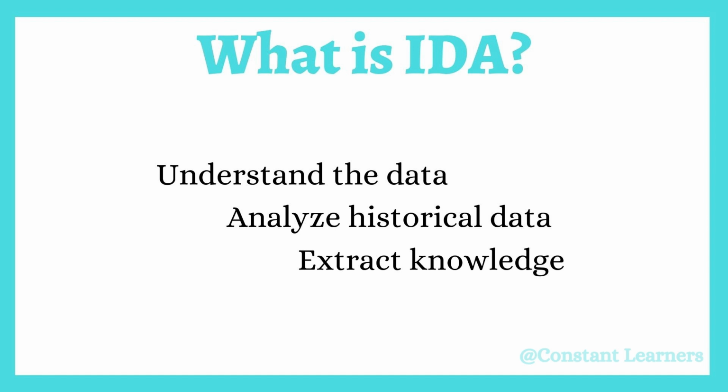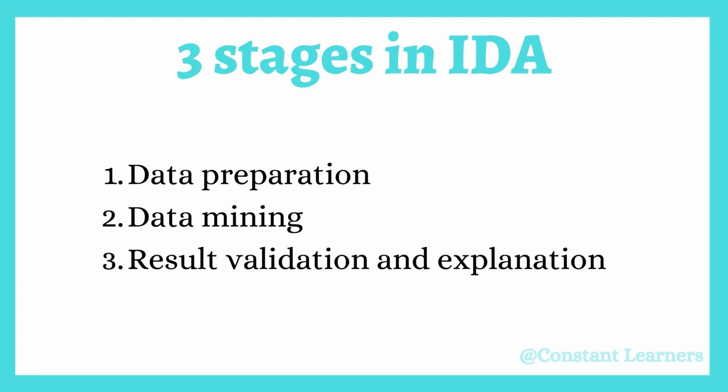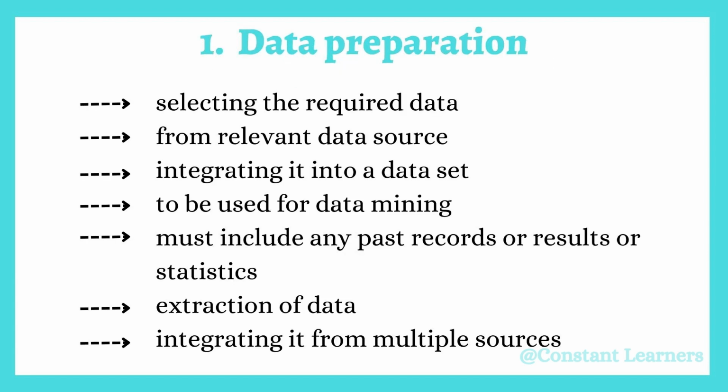Now, there are three stages of intelligent data analysis: data preparation, data mining, result validation, and explanation. Okay. Now, what is data preparation? Data preparation involves selecting the required data from the relevant data source and integrating it into a data set so that we can use it for data mining.